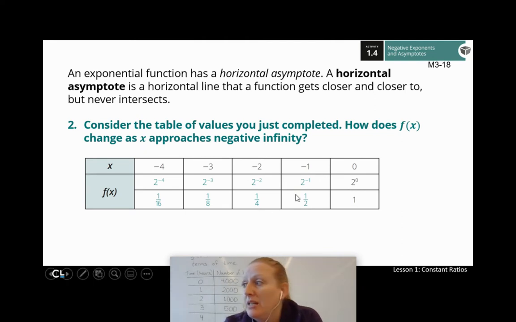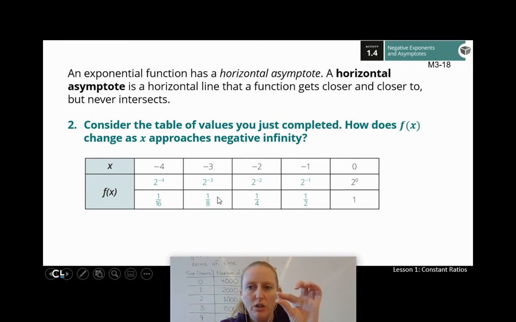So I notice I went from 1 to a half, which is smaller than 1, to 1/4, which is even smaller, to 1/8, which is even smaller than a fourth, to 1/16, which is even smaller than an eighth. As x approaches negative infinity, as x goes more and more negative, I can see that f of x is getting smaller and smaller.